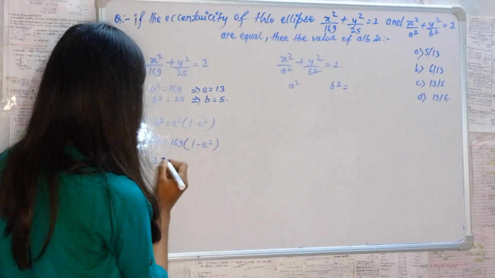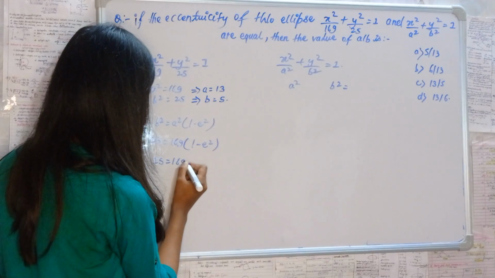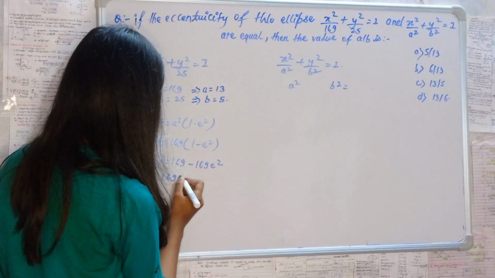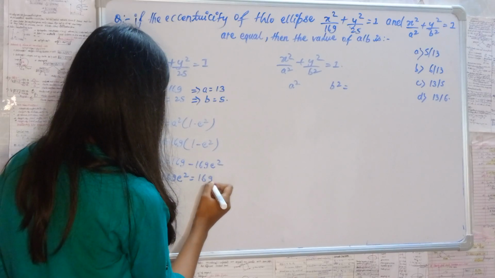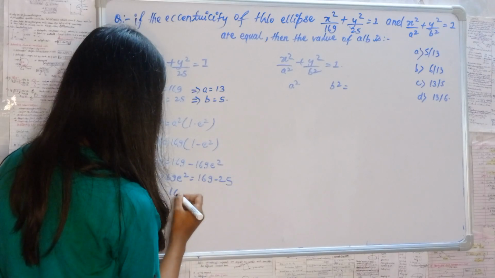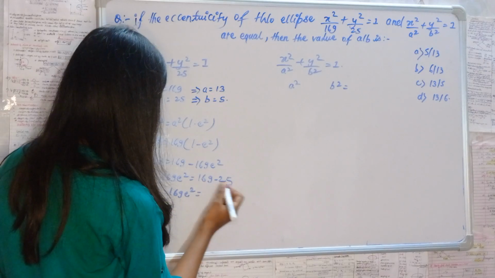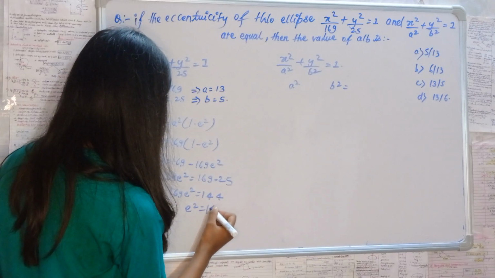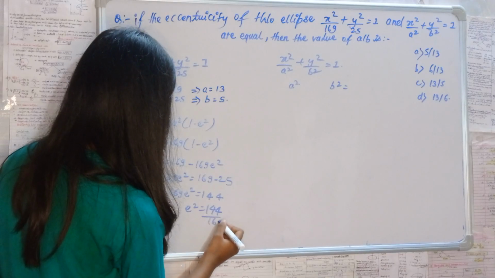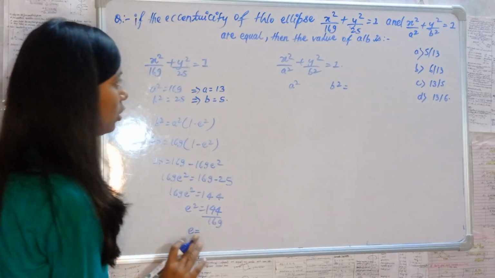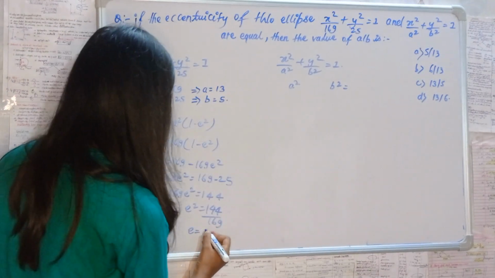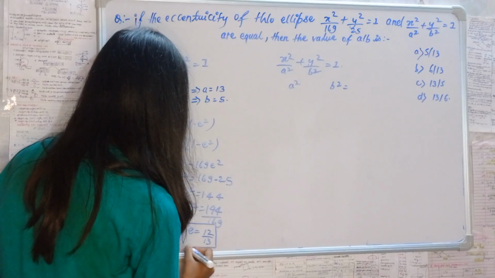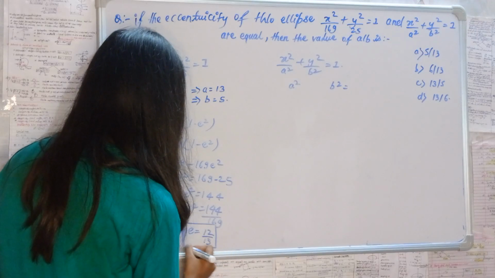I want e square from here, so 169 e square is equal to 169 minus 25, which is 144. So e square is 144 upon 169. But I want the value of e only, not e square, so I get 12 upon 13. So the value of e for the first ellipse is 12 upon 13.